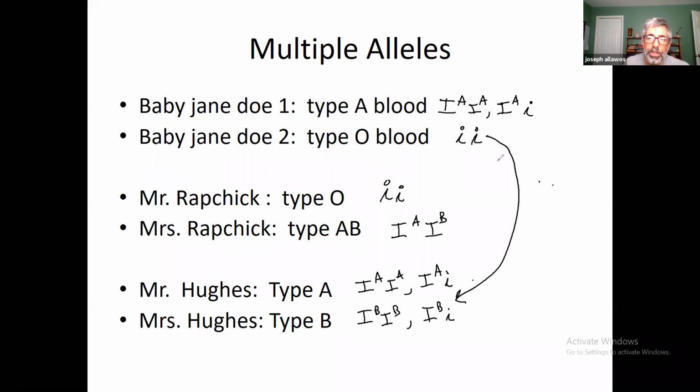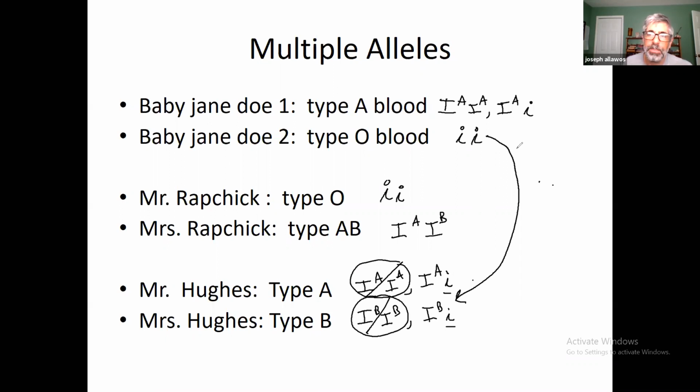We certainly do. If they're making a type O baby, then they both have to have a little i. And so we can eliminate this genotype and we can eliminate this genotype and we can say safely Mr. Hughes is heterozygous type A and Mrs. Hughes is heterozygous type B.